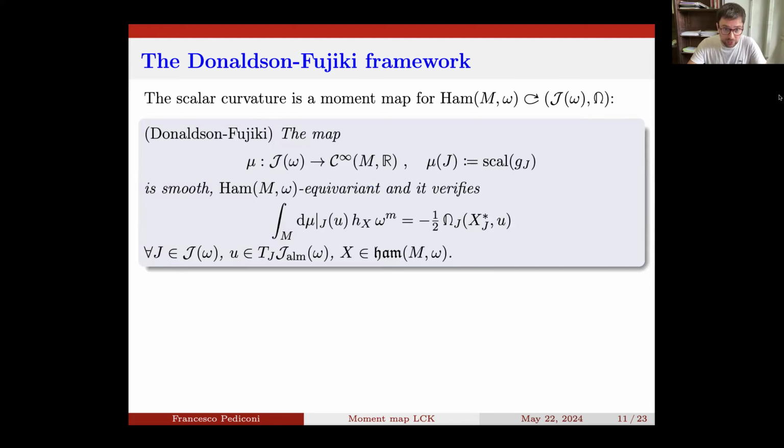They proved that the map that associates to a complex structure J the scalar curvature of the Kähler metric g_J, obtained by combining the complex structure with the fixed omega, is a smooth map, is equivariant with respect to the action of the Hamiltonian diffeomorphisms, and it verifies a differential equation that is a formal moment map equation. It's formally the same equation that you saw maybe on the second slides.